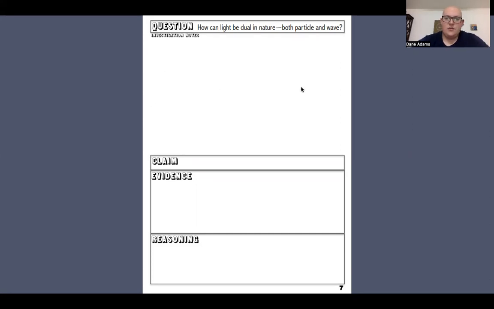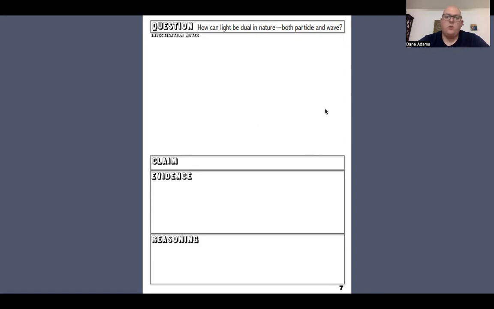In the second drawing, I'll probably draw this on the bottom half here. I'll draw the exact same setup. Laser pointer, single photon, double slit, but this time I'm just going to draw detectors. However you want to represent that is up to you. You can draw a little box right next to the slits. It's not important how you draw it, but the point is we're watching the slits now. We're watching the photon.